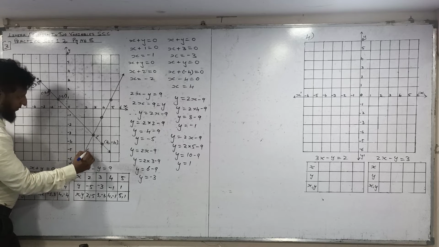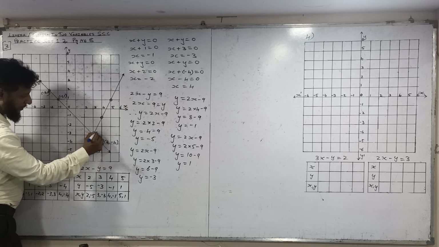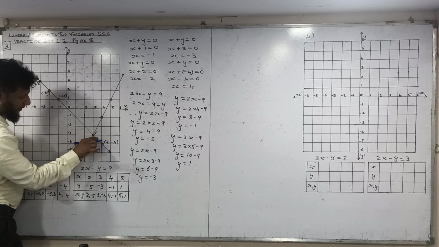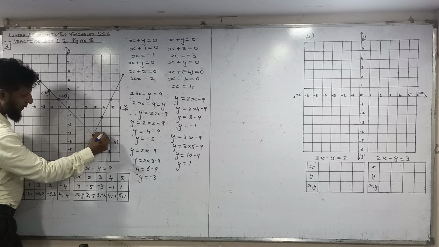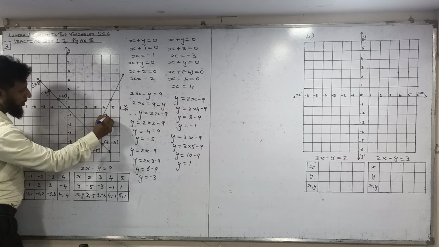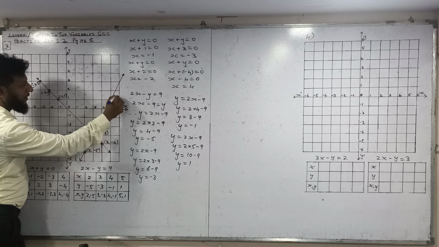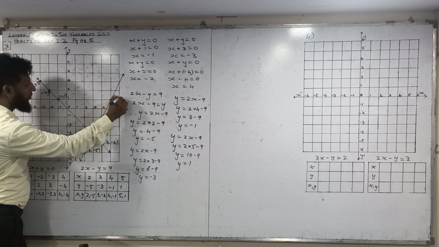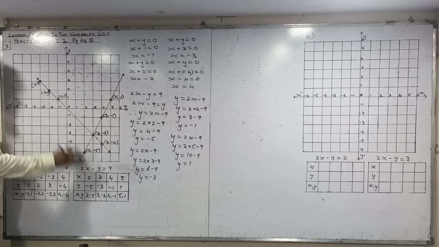For this point, x value 2 and y value minus 5, for this point x value 3 and y value minus 3, for this point x value 4 and y value minus 1, and for this point x value 5 and y value 1. So now we have drawn this line.